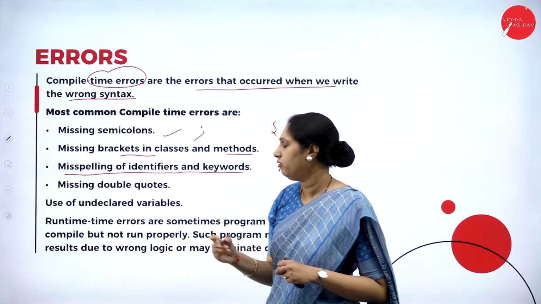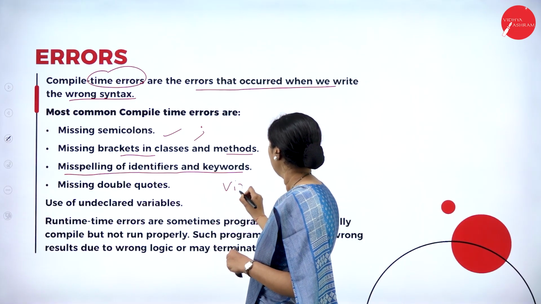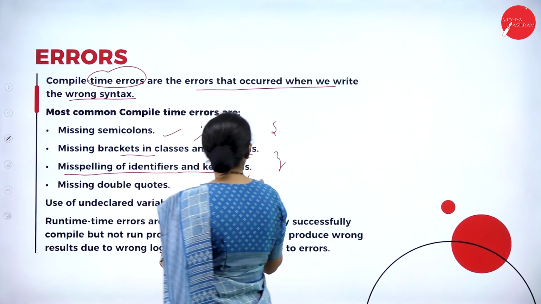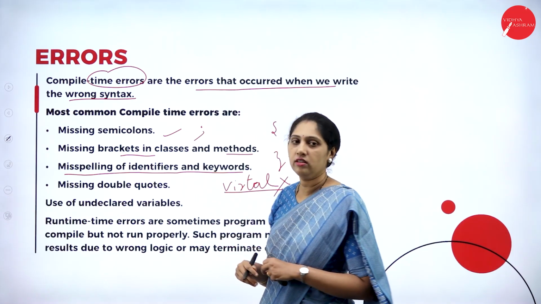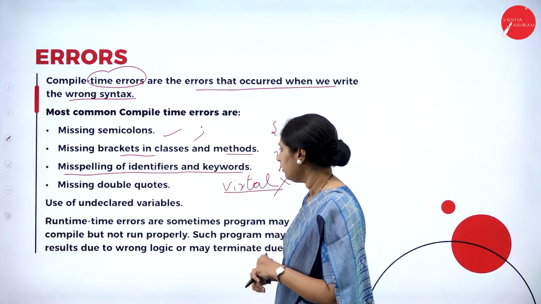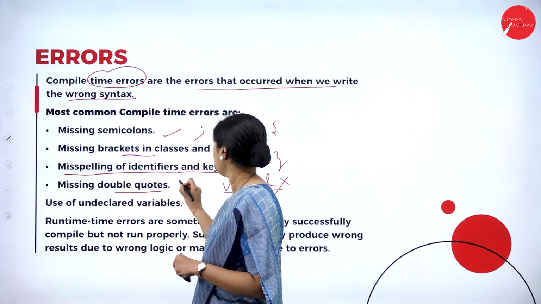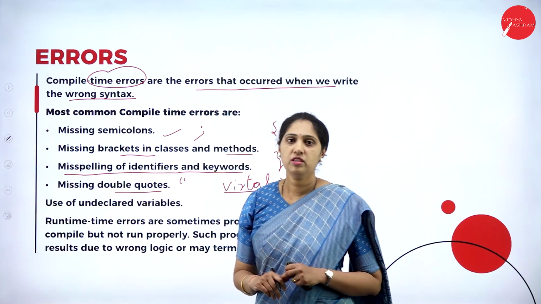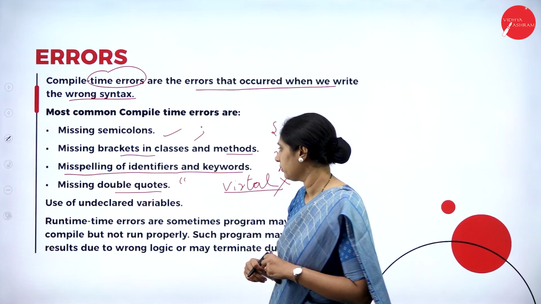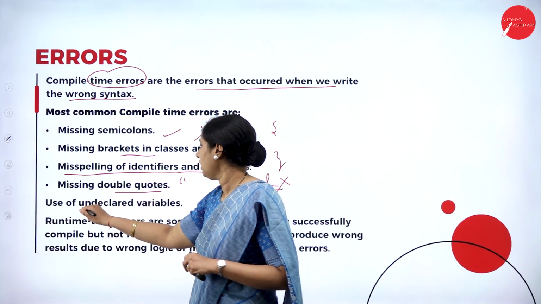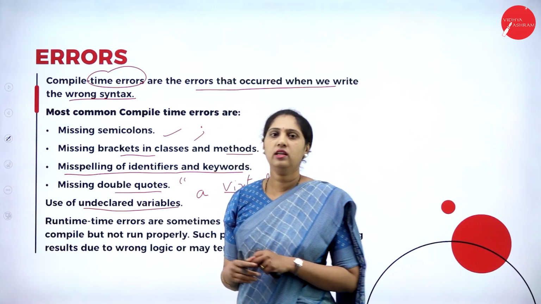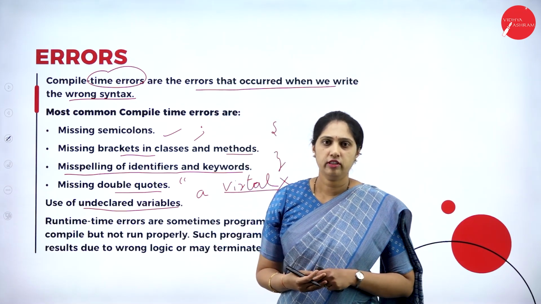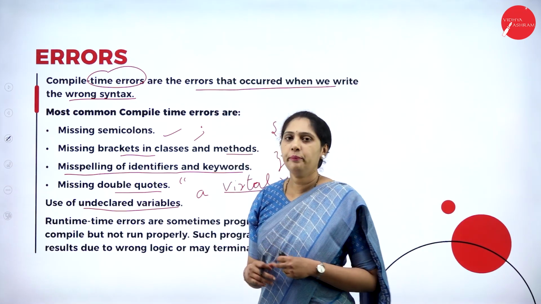See, we have used the keyword virtual; you may write it wrongly, and that keyword is wrong. Then missing double quotes, which may be missed in your Console.WriteLine. Another one is undeclared variables. You are using A, but A is not declared, whether integer, float, whatever it is. So these are compile time errors.